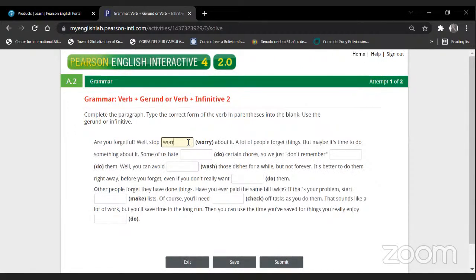Well, stop or do something about someone else. Hate. Hate doing. Certainly doing. So we just don't remember doing them. Well, you can avoid. Well, you can avoid.